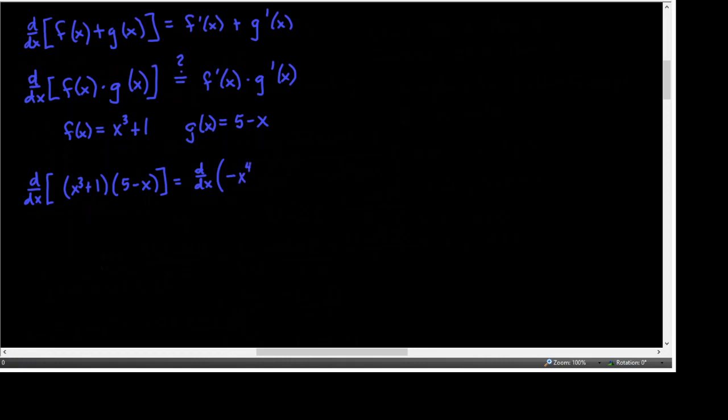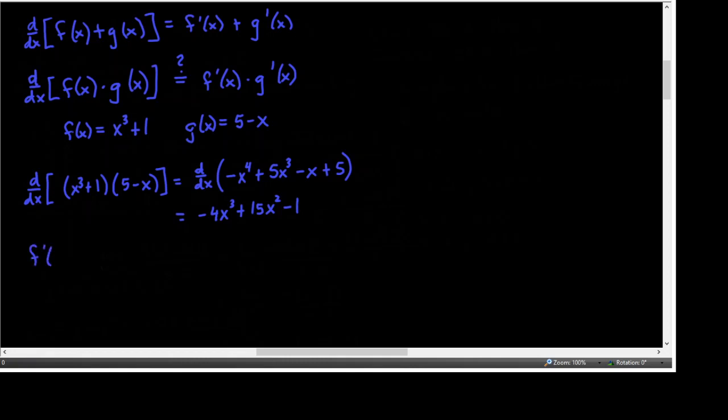X cubed times 5 is 5x cubed. 1 times negative x is negative x, and 1 times 5 is 5. And the derivative of that polynomial is negative 4x cubed plus 15x squared minus 1.